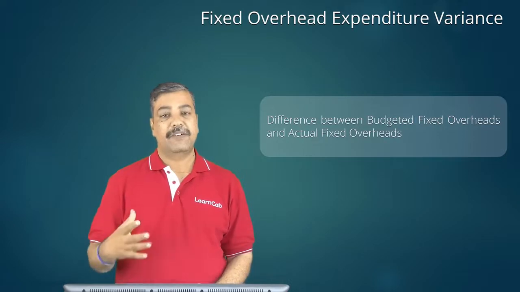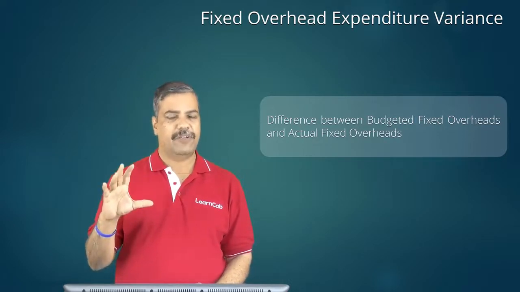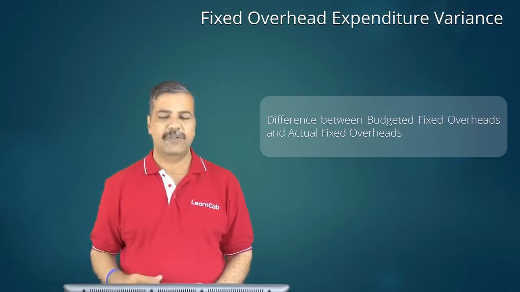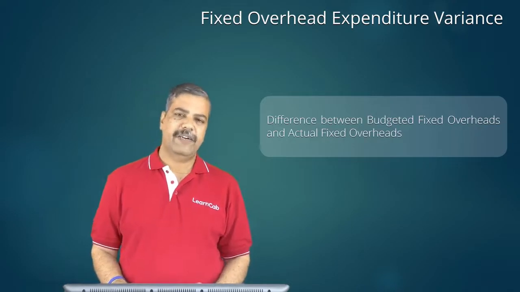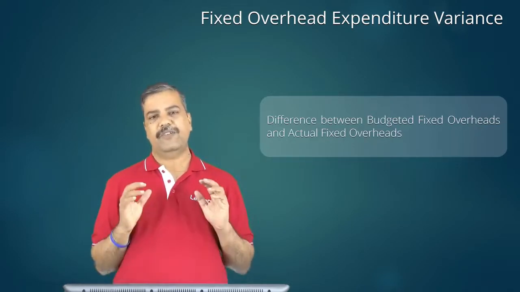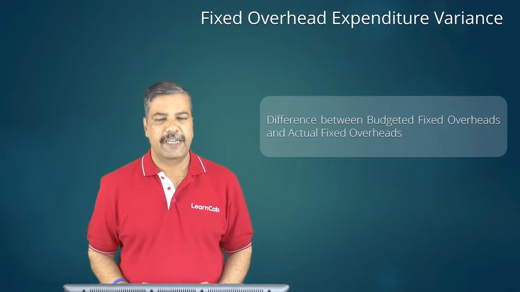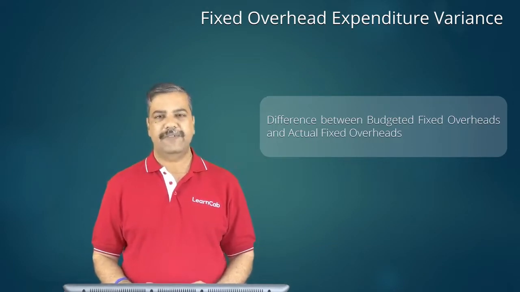Please note I am talking only about overhead. So when I say budgeted fixed, it's only the overhead part. Whatever the budgeted fixed overhead cost is, that is deducted by your actual. What you have actually paid in that period tells you your expenditure variance.